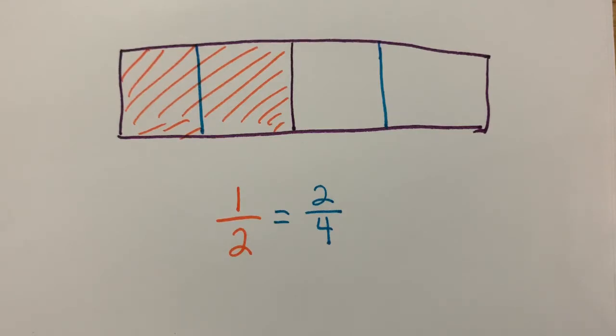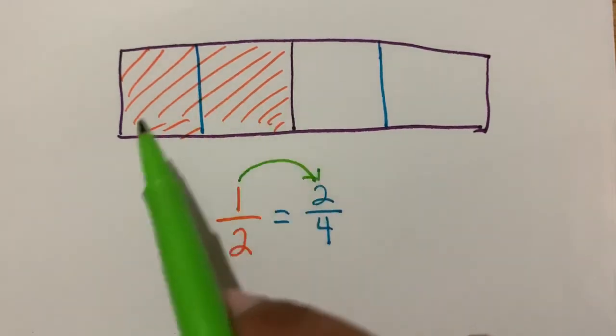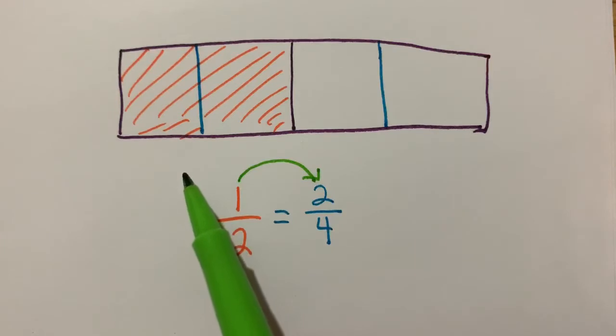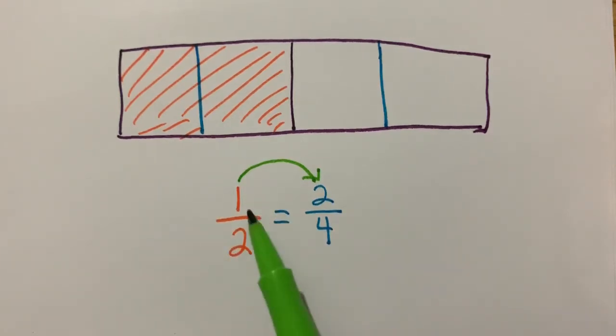So one of the ways that you can check whether or not a proportion is equivalent is you can use the inner relationship. So for example, how do I get from here to here? Well, if you notice, what I did in my model is I took my 1/2 and basically I made more pieces out of it.